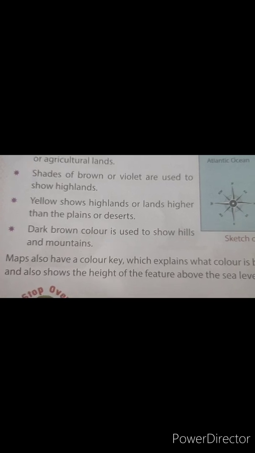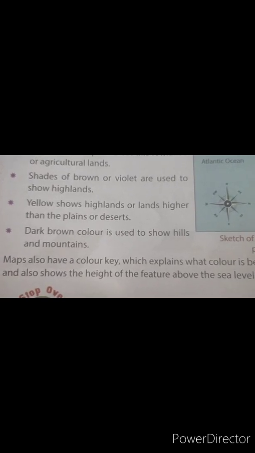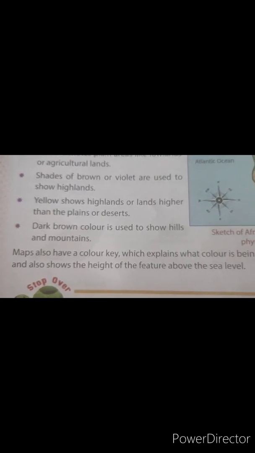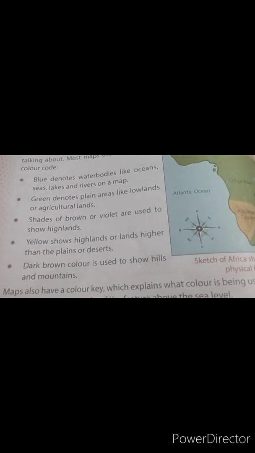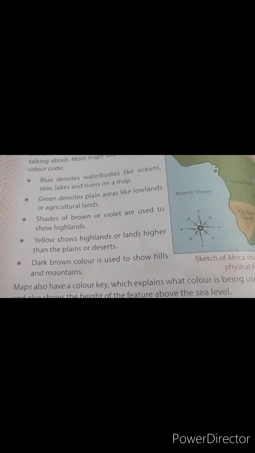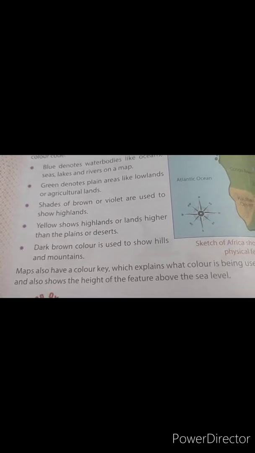Dark brown color is used to show hills and mountains. I hope now you understood about the different colors we use in a physical map. Now come to the next.